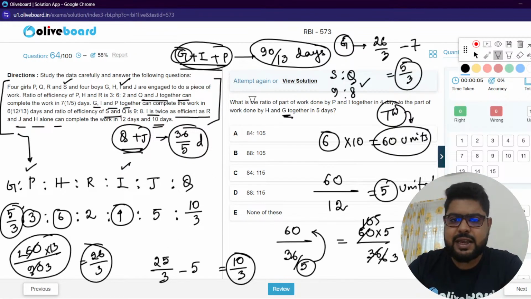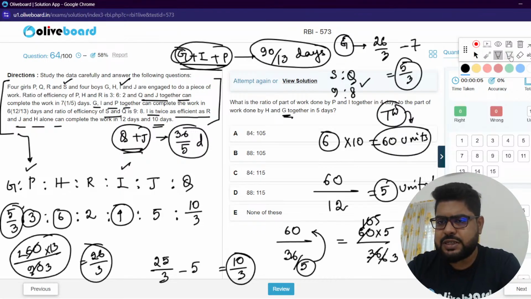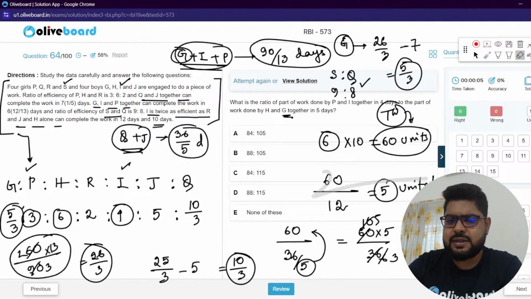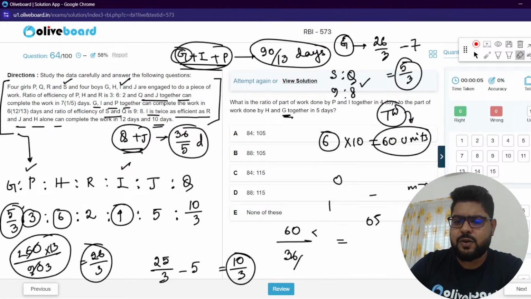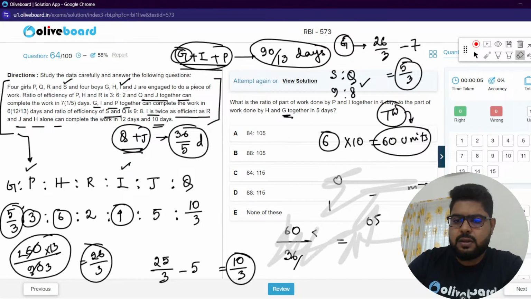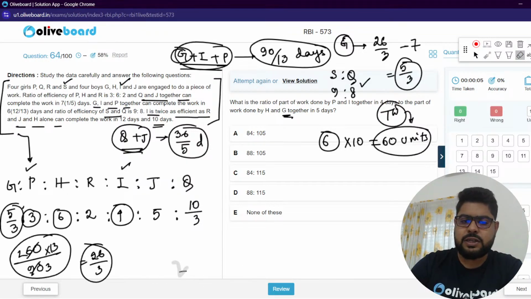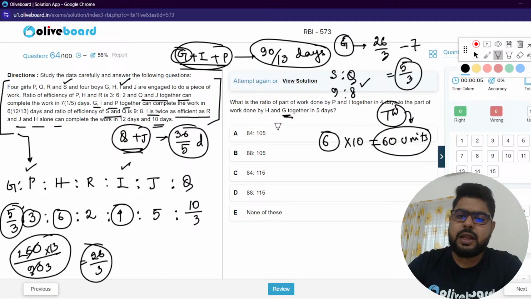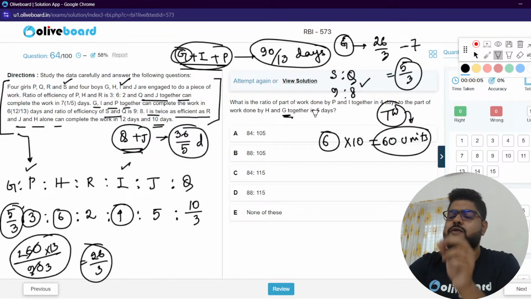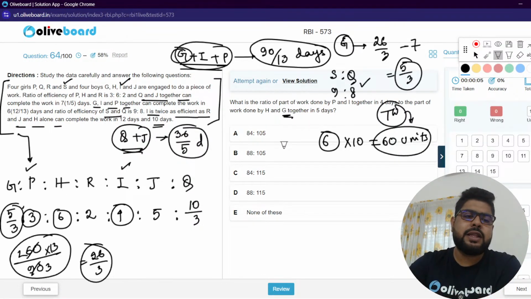Now they are asking what is the ratio. So I'm just erasing this part, sir, so that I can write and do the calculations. The main information is written here. These are just the calculations. Now, what is the ratio of the part of work done by P and I together in 4 days?